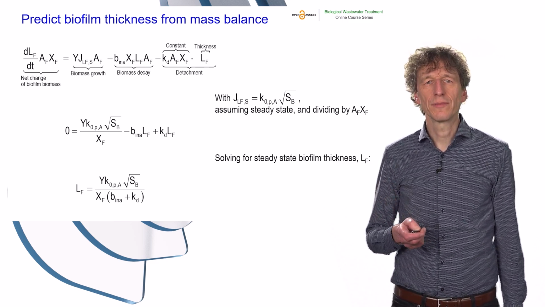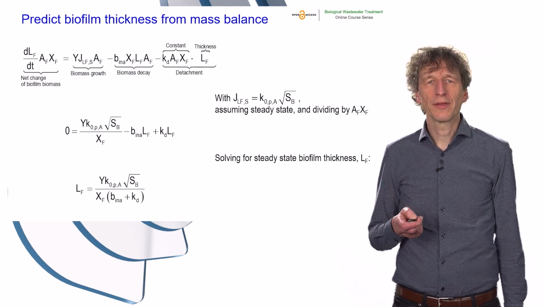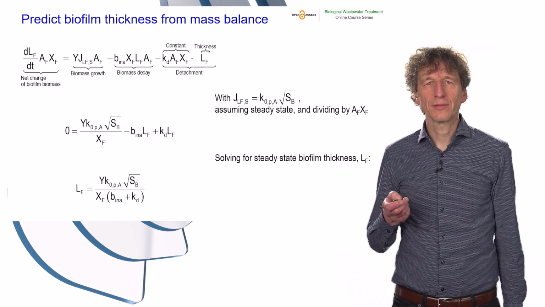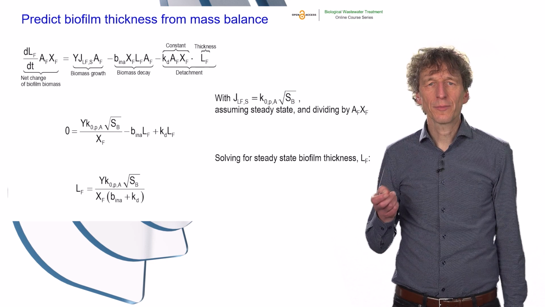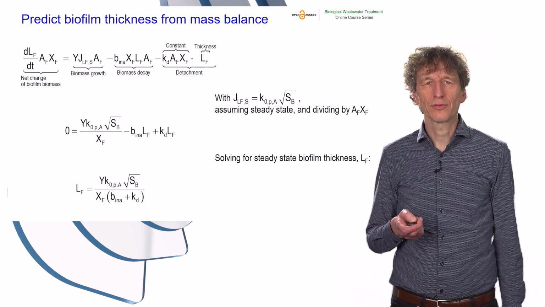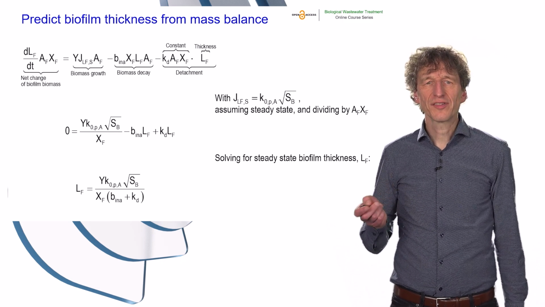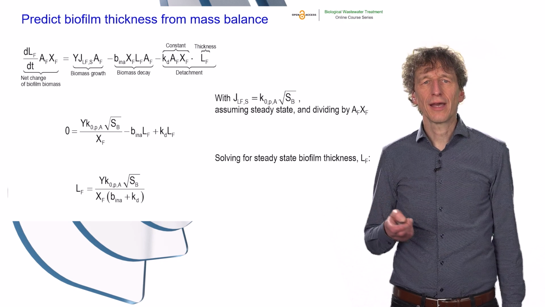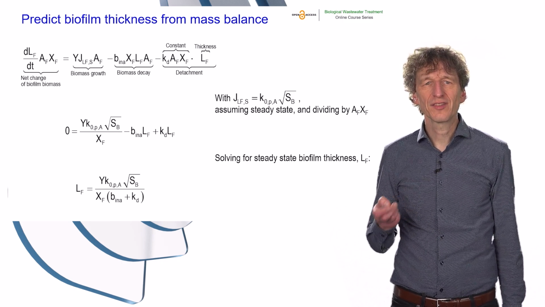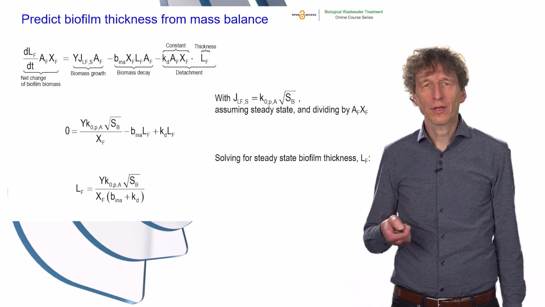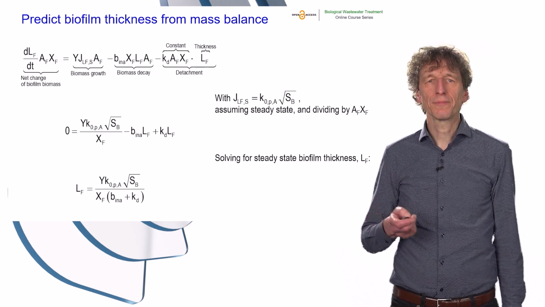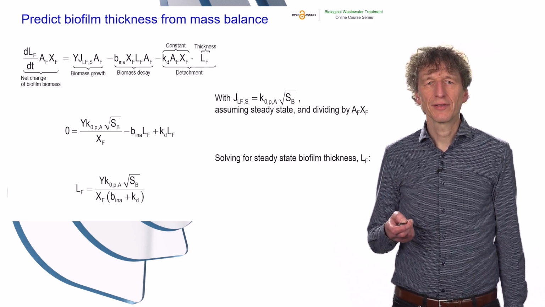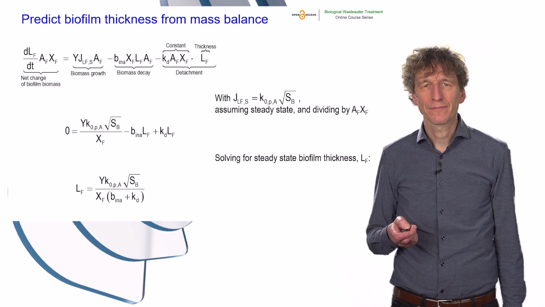This is useful, but one major problem is that neither detachment mechanisms nor the kinetic parameters in the detachment rate expressions are well understood. One consequence is that many commercial simulators simply ask users to provide a fixed biofilm thickness as a model input rather than predicting biofilm thickness as a model output.